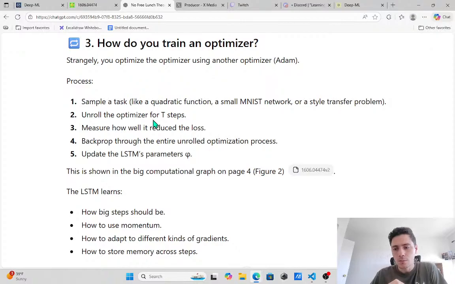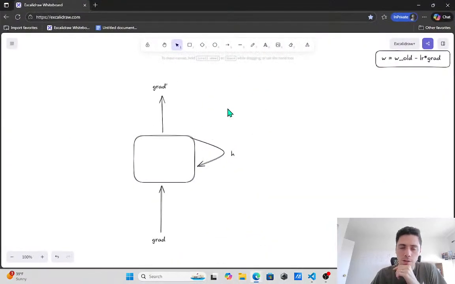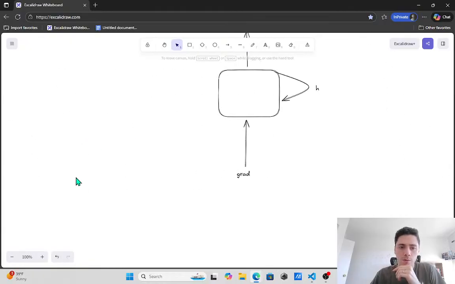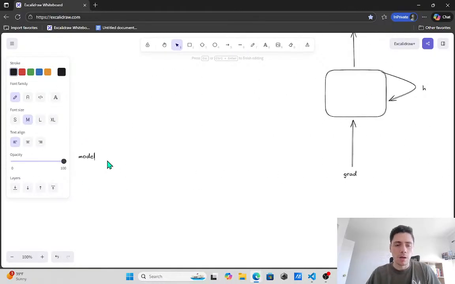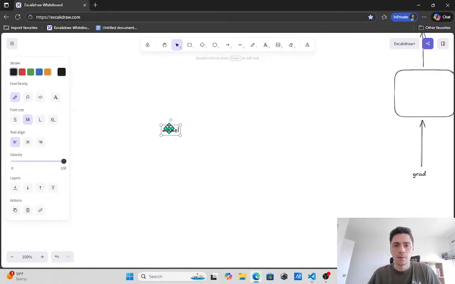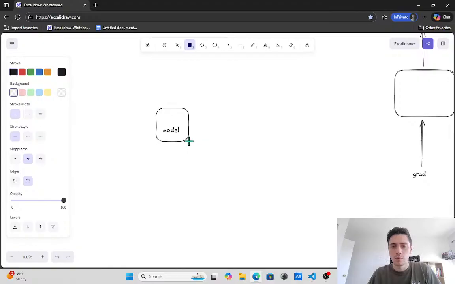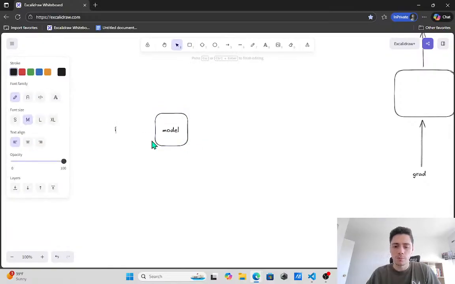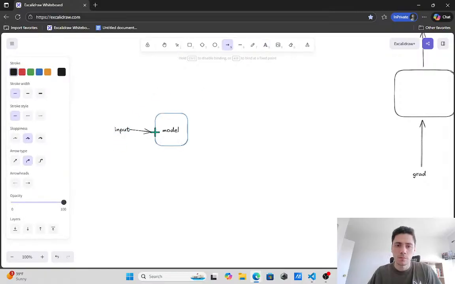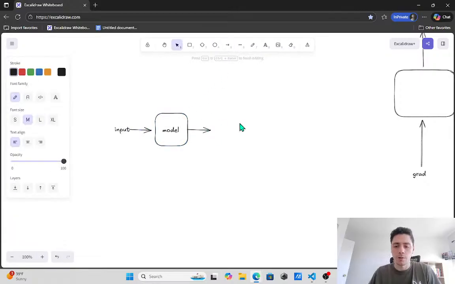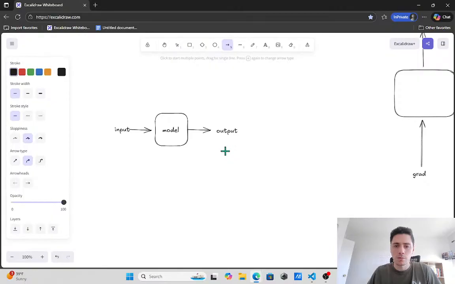So basically we are going, some model, inputs, and we want its output, and then we use an optimizer to optimize. Let's go back to the model and teach the model.